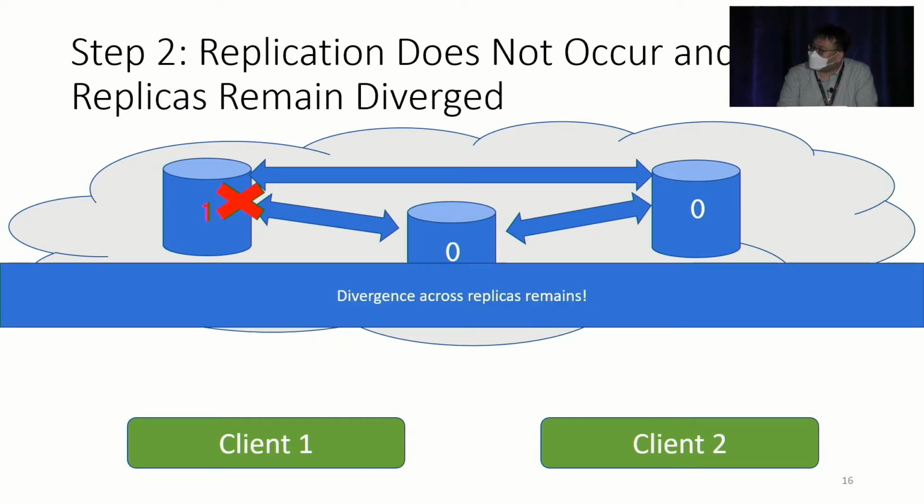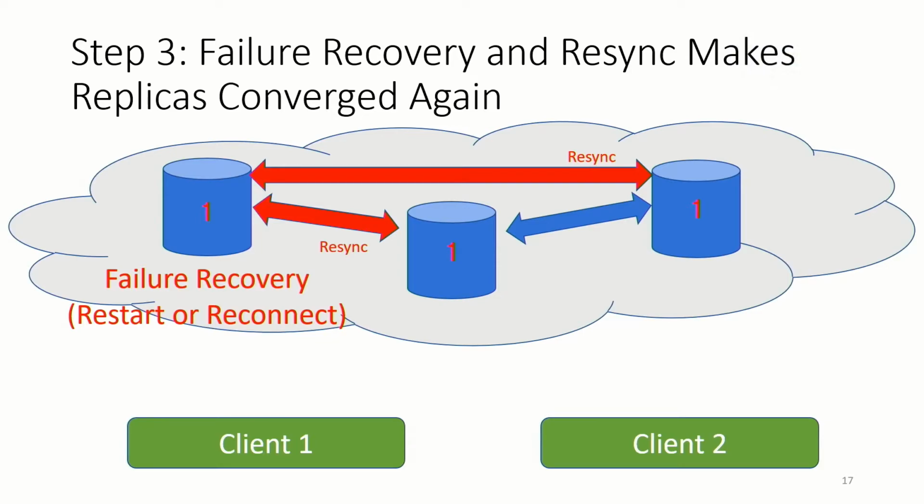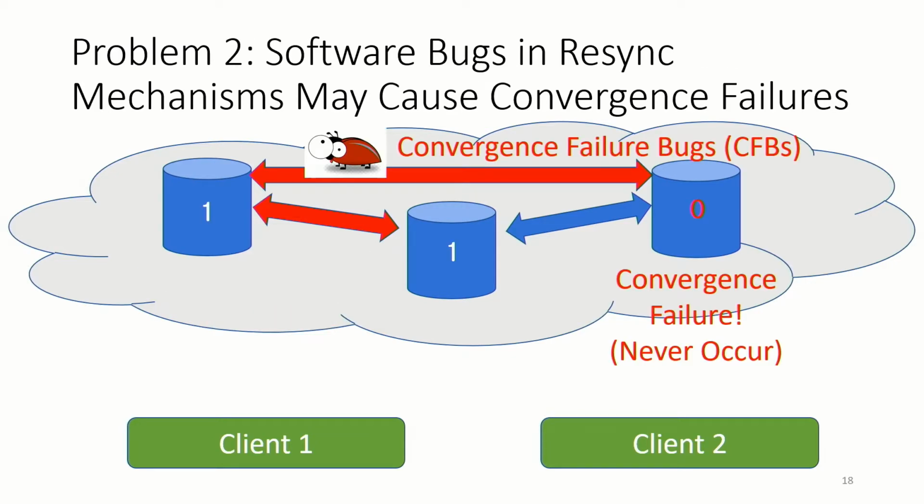Therefore, unless the failure is recovered, divergence across replicas remains. Once failure recovery is made, resync mechanisms run, and replicas replicate and commit the operation just like the other one, and they become converged again. So that's how they reach convergence.